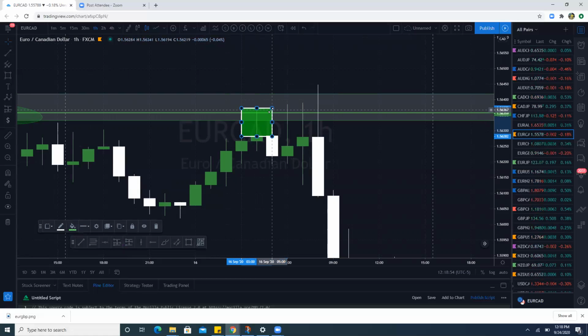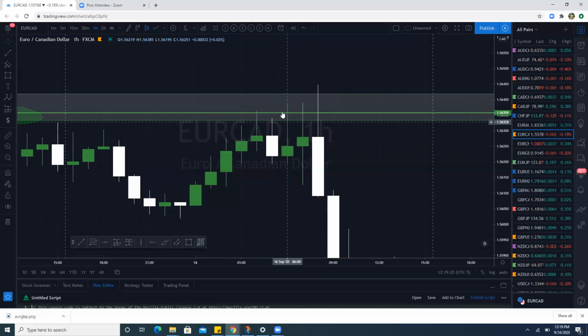And what happened was sellers came into the market and drove the candle back down to where it closed here. This candle at one point looked like this. It was a green candle. The sellers came back in and drove the market down to here.